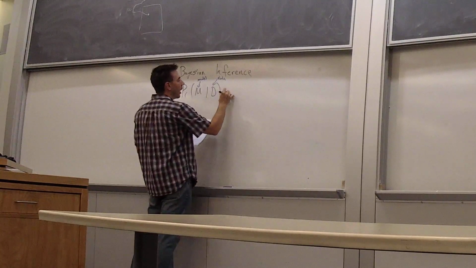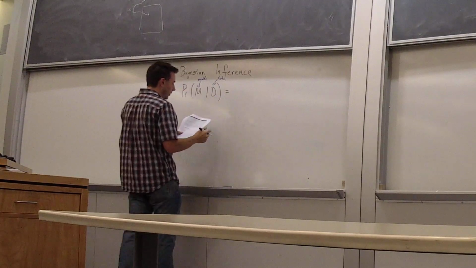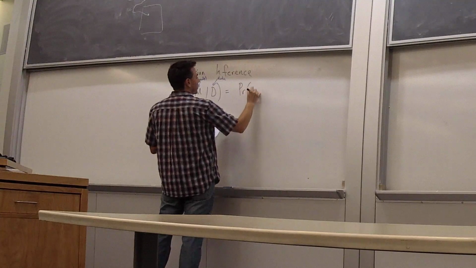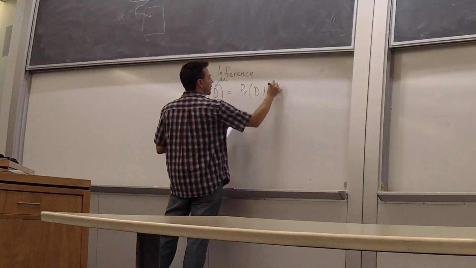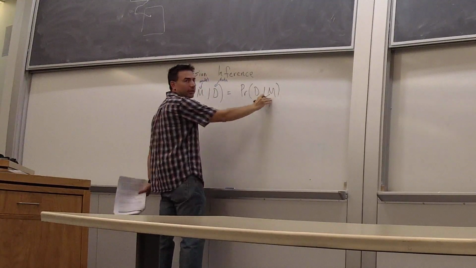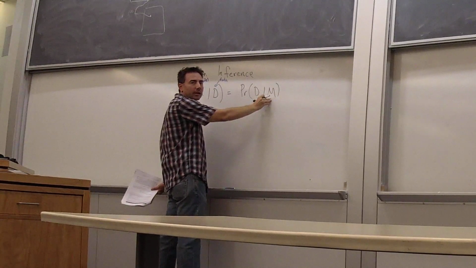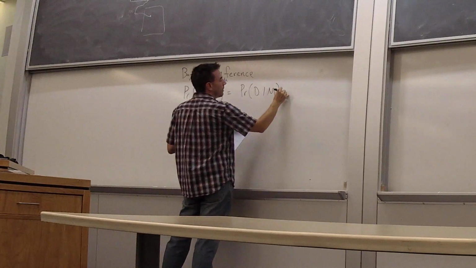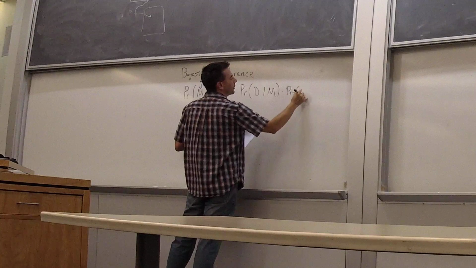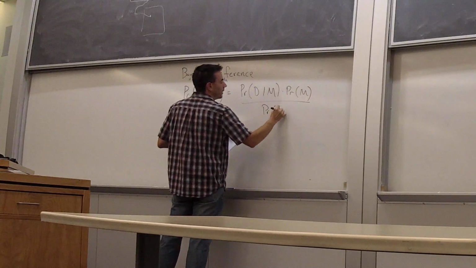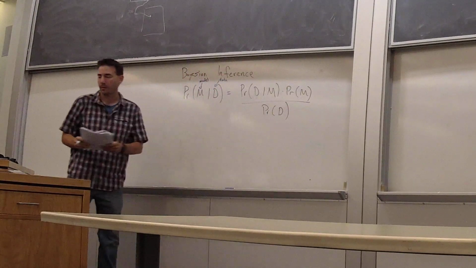And so we're using Bayes' rule, and that meant we could transform this into the probability of the data given that we knew the model, times the probability of the model divided by the probability of the data.